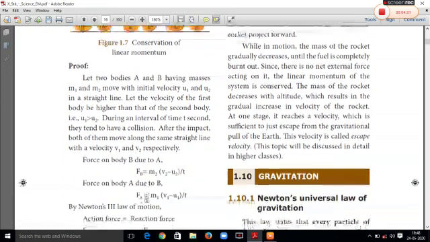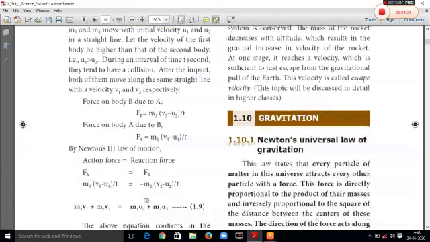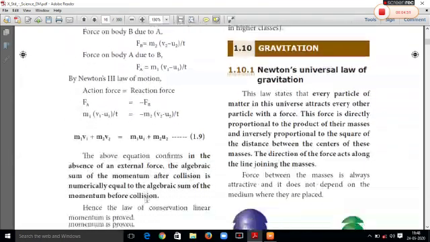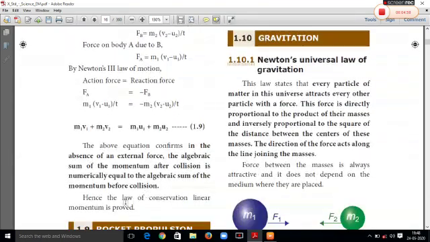By Newton's third law of motion, action force is equal to reaction force. That is, Fa is equal to minus Fb. So, m1 (v1 minus u1) by t is equal to minus m2 (v2 minus u2) by t. Now multiply out: m1 v1 minus m1 u1 by t is equal to minus m2 v2 plus m2 u2 by t.